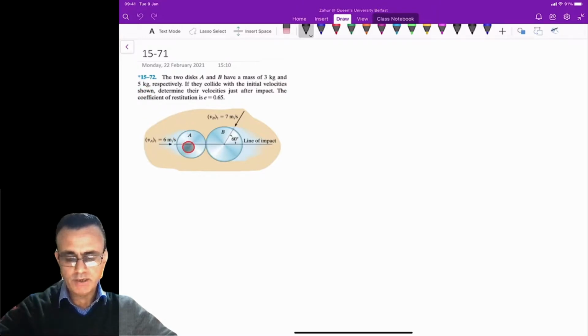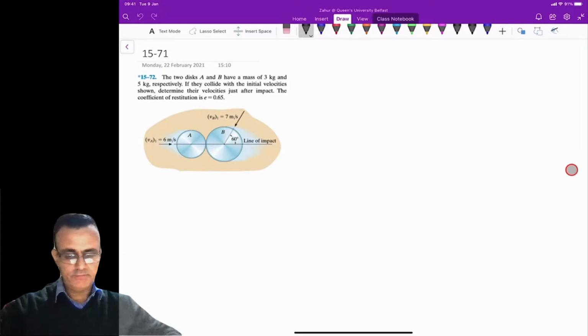So the mass of A is 3 and the mass of B is 5. If they collide with the initial velocities shown, determine their velocity just after impact, and the coefficient of restitution is given, which is 0.65.